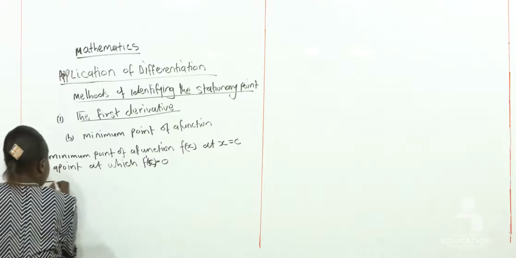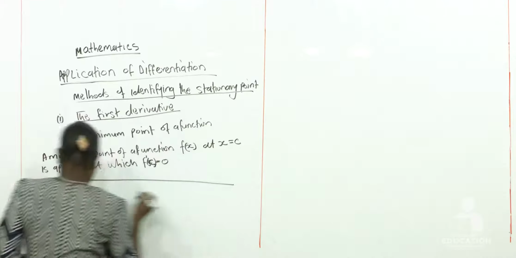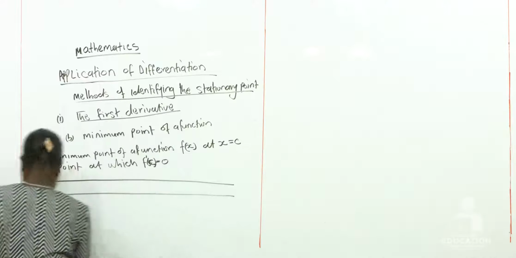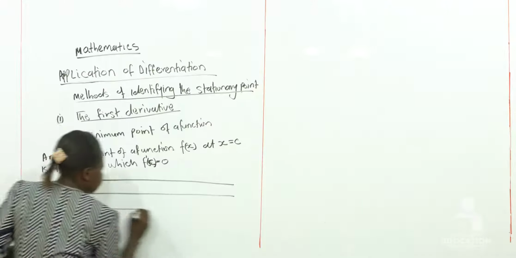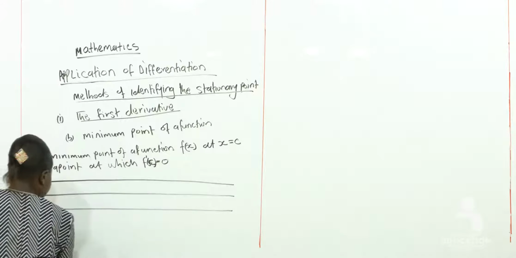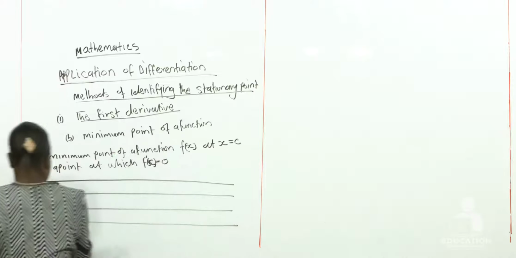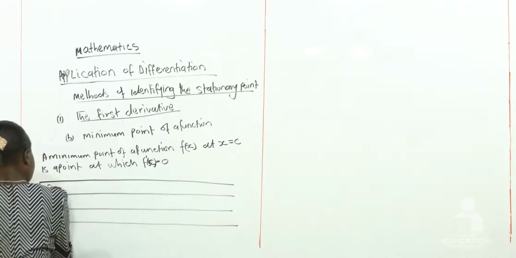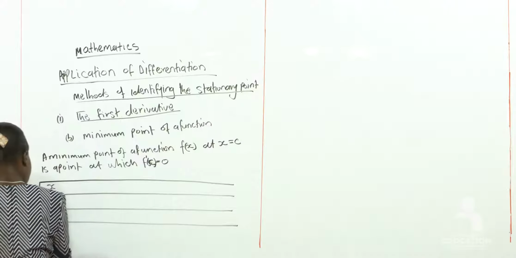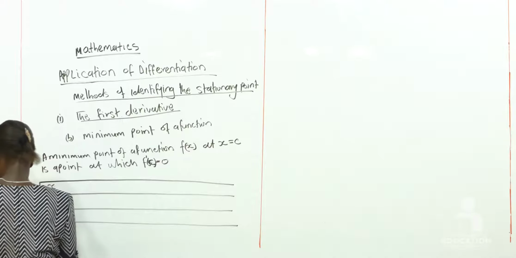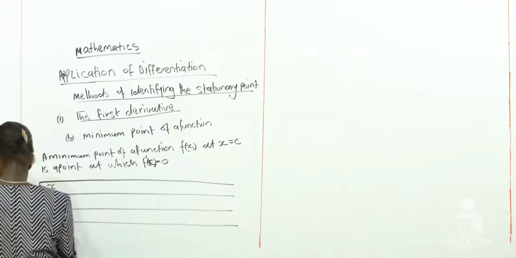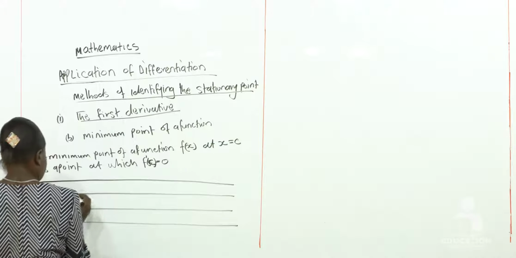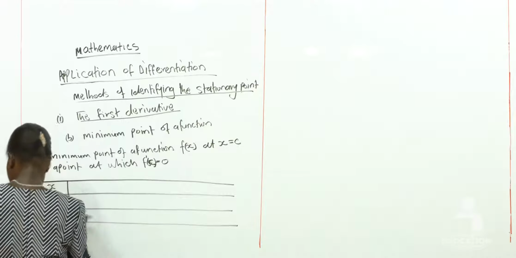Then we draw our table. Our table shows how we identify x, then f'(x), and then f(x).